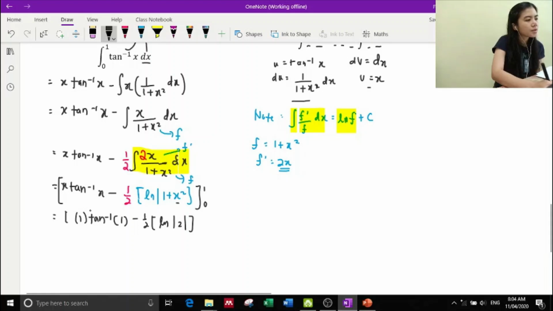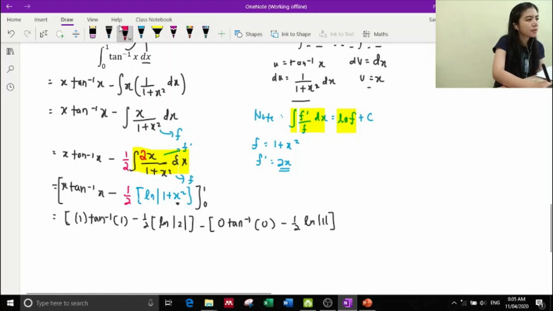That is when you substitute x as 1 into the equation. Then we substitute x equal to 0, so we have 0 times the tangent inverse, and 1 over 2 ln of 0 squared plus 1. 0 plus 1 is 1, so we have ln 1.